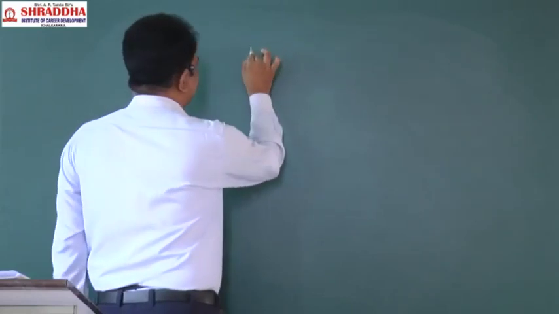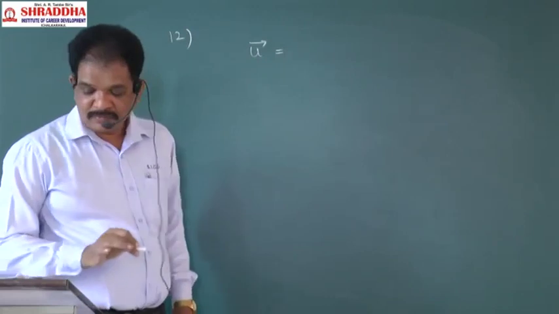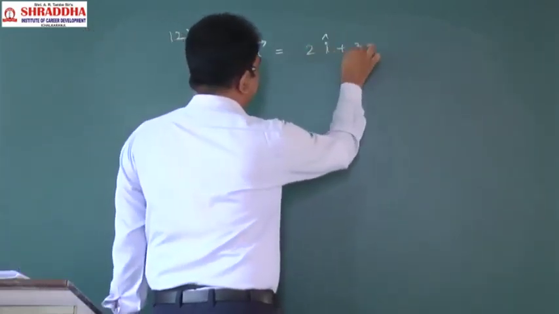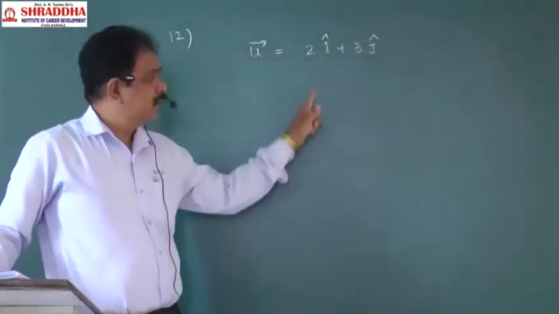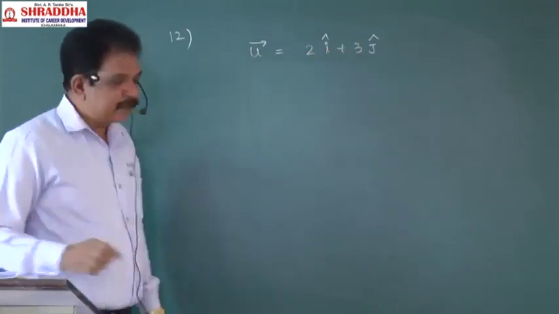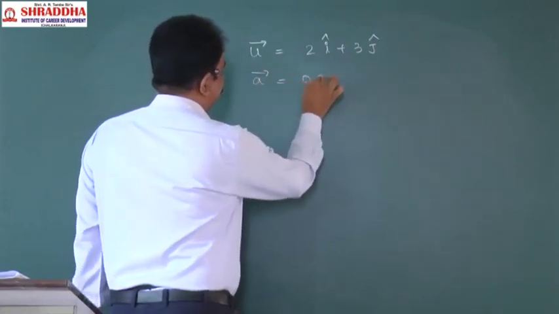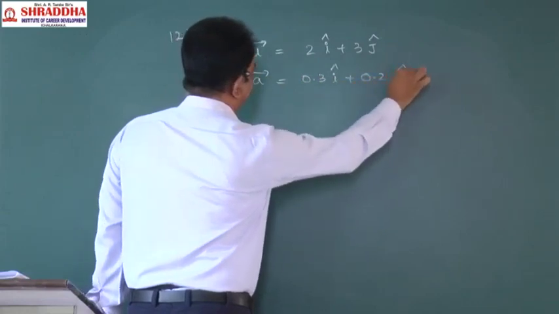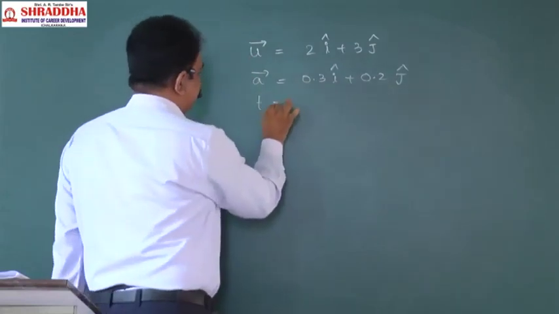So once again, u bar is equal to 2i cap plus 3j cap. Here write 2i cap plus 3j cap. Acceleration a bar will be 0.3i cap plus 0.2j cap. T value will be 10 seconds.